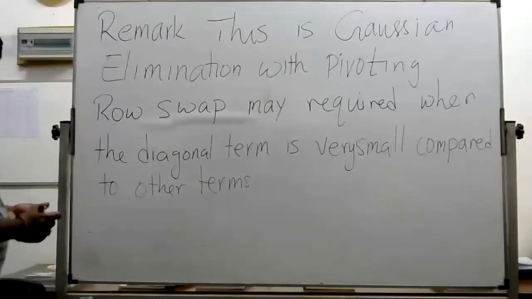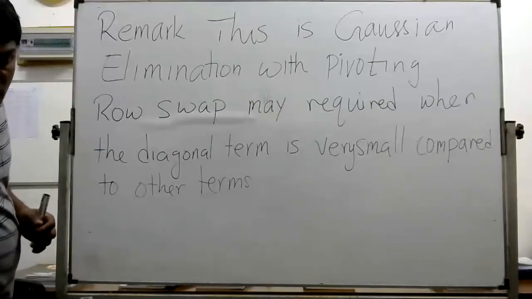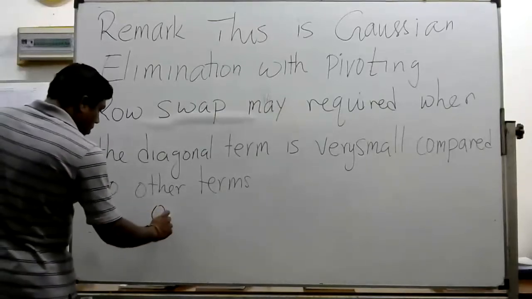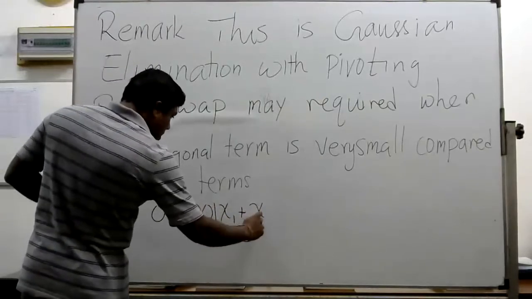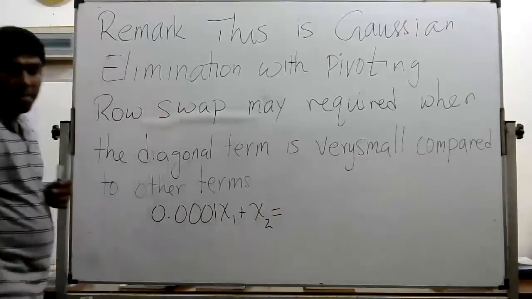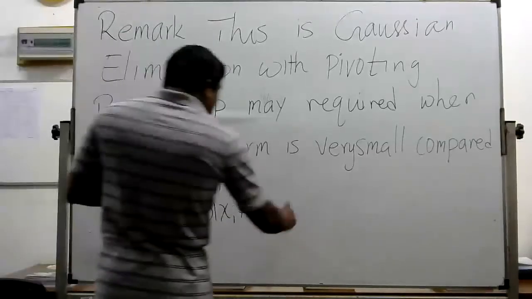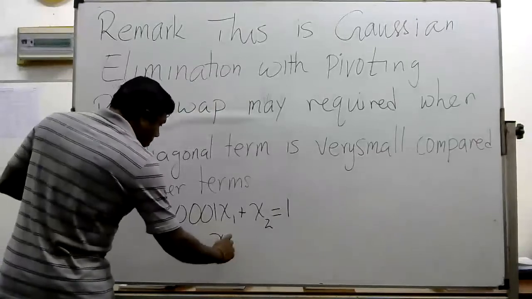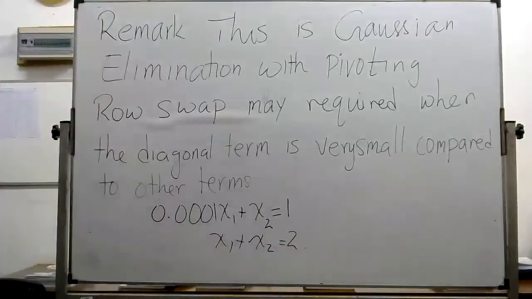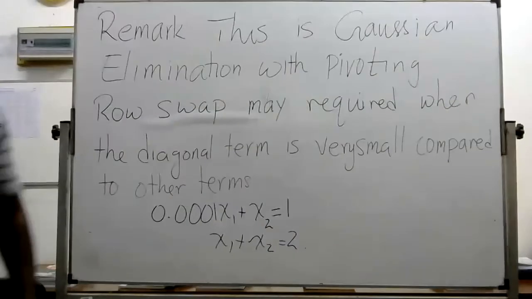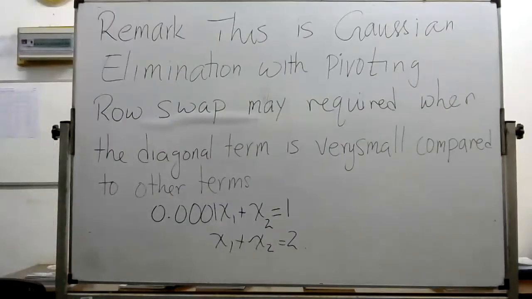Very simple one: 0.0001 x1. Let us consider a system of equations which looks like this: 0.0001 x1 plus 0.0002 x2 is equal to 2.